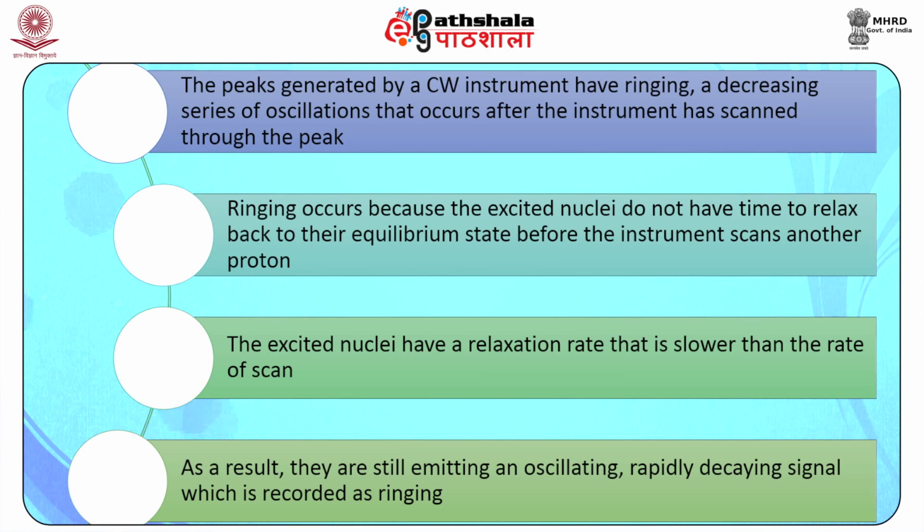Ringing occurs because the excited nuclei do not have time to relax back to their equilibrium state before the instrument scans the proton. The excited nuclei have a relaxation rate that is slower than the rate of the scan. As a result, they are still emitting an oscillating, rapidly decaying signal which is recorded as ringing.